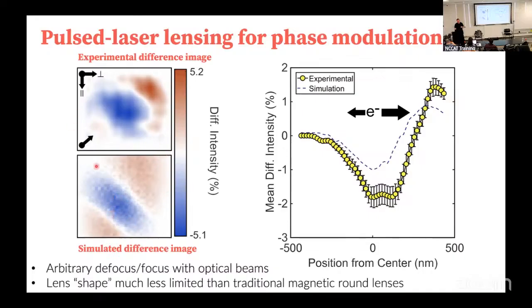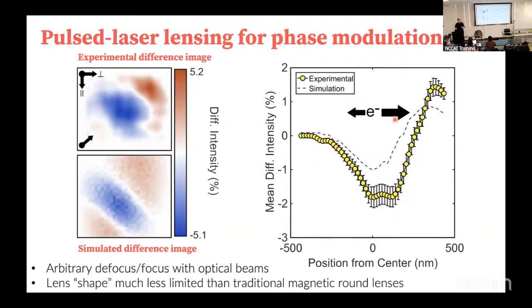And so that difference that you see in terms of the electrons being weaker here and stronger here, if you then integrate this image, you can actually plot this difference, and you can see that in the experimental line, shown here in yellow, those electrons, which should have just passed through the hole, are now being pushed to the right-hand side and to the left-hand side by almost a micron. So they are being pushed by 500 nanometers on either side.